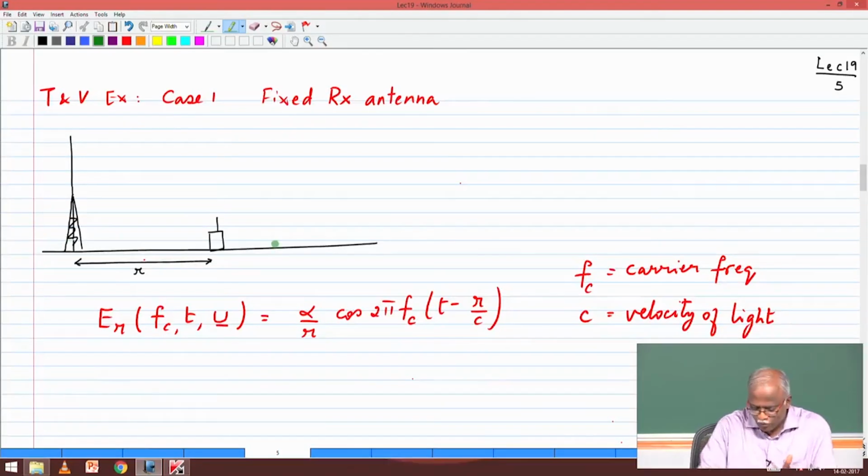Considering the movement within a plane, the received signal is some constant gain term alpha, inversely proportional to r, the displacement, times cosine 2 pi fc times t minus r by c. Fc is the carrier frequency, c is the velocity of light. That was case 1, fixed receive antenna.